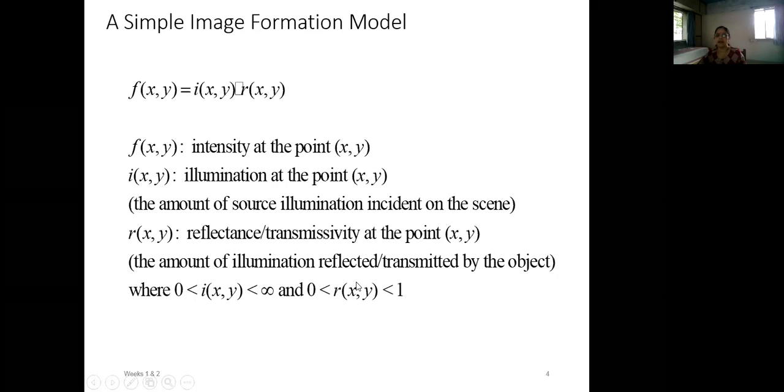That's why the reflectance value is always between 0 to 1. And when this reflectance is multiplied by the illumination component, we get the actual value of the particular pixel at location (x,y). Okay, so this reflectance value is always between 0 to 1.